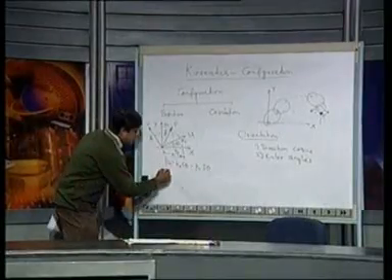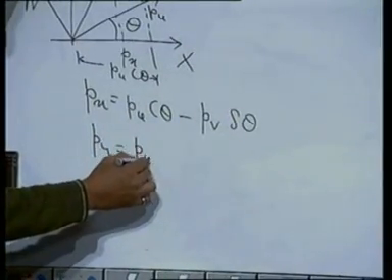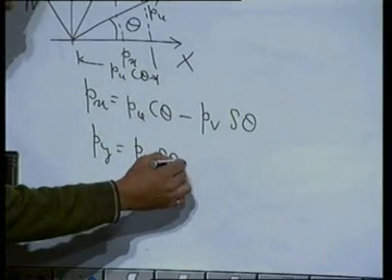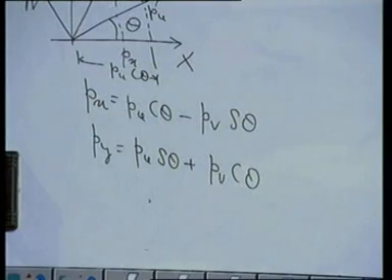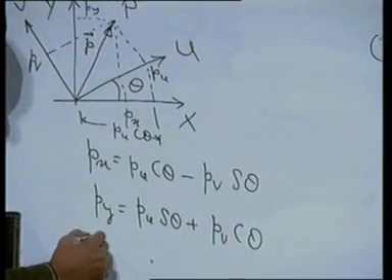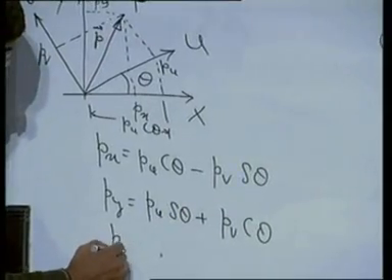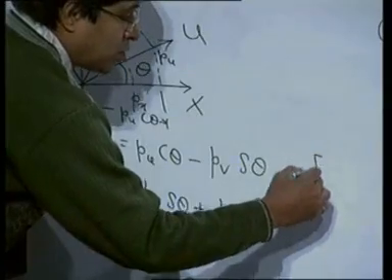We can similarly write P y as P u sin theta plus P v cos theta. This can be checked from this diagram. And P z, if you want to introduce, is P w.